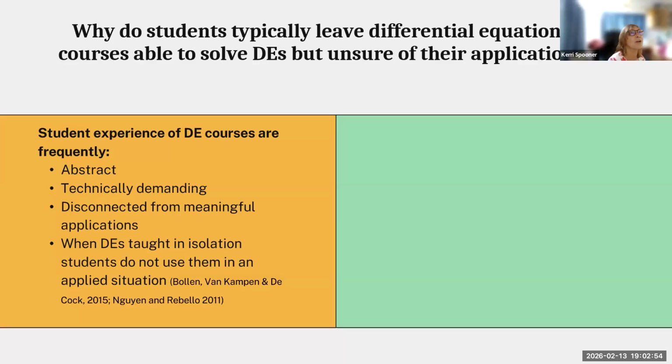They tend to draw on other tools instead because of that initial experience of them being taught abstractly. Sorry, I should reframe that: when I'm talking about applied maths, I'm talking more about your physics courses and some of your engineering courses. When they come across them as a useful tool in those courses, they're not necessarily picking them up because they've already had the experience that they're abstract and used in abstract situations.